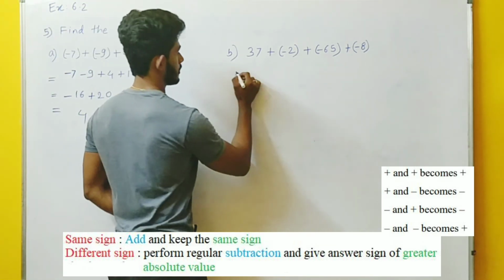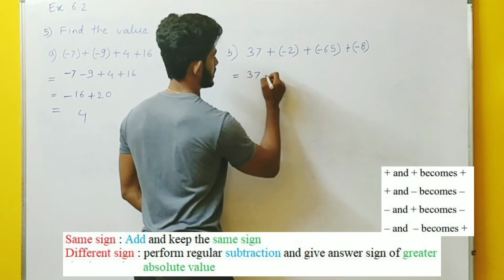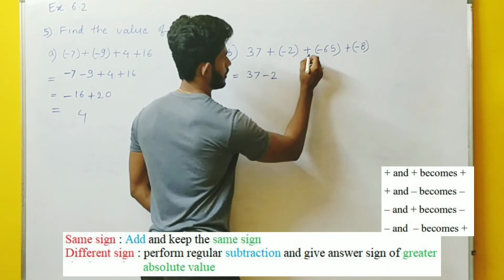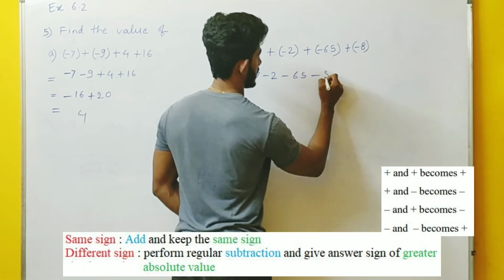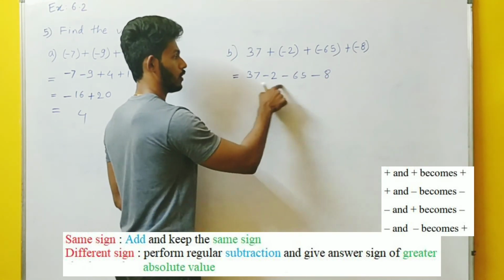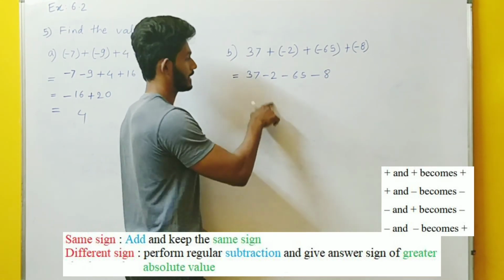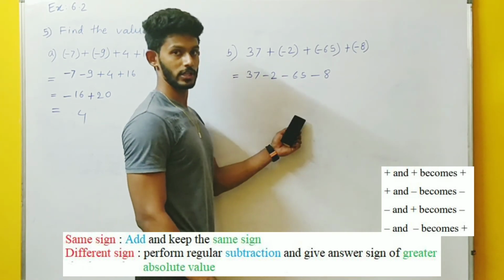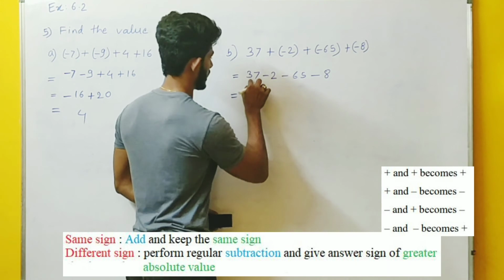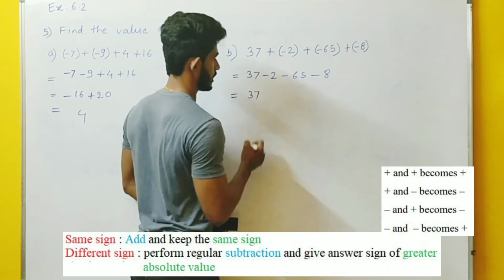Now this one, 37 plus and minus will be minus 2, plus and minus will be minus 65, plus and minus will be minus 8. Now as you can see here, all these numbers have the same sign. That means we can add all these numbers and we can keep the same sign for their answer. So first I will write this 37 as it is over here.